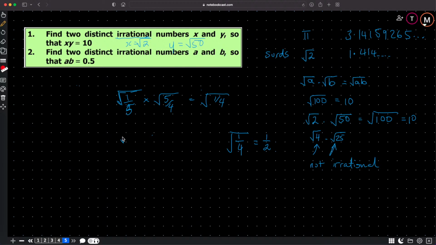You can also think of this as decimals. If you think of two decimals that multiply to 0.25, if you prefer to think in decimals, you could do something like 0.2 times 1.25.